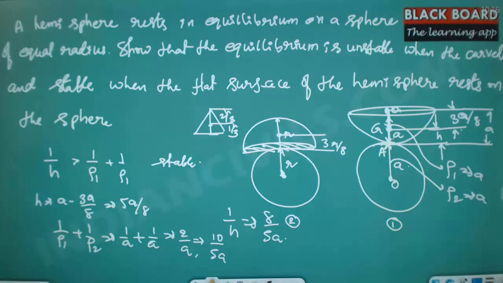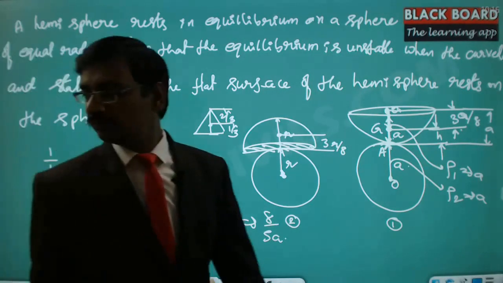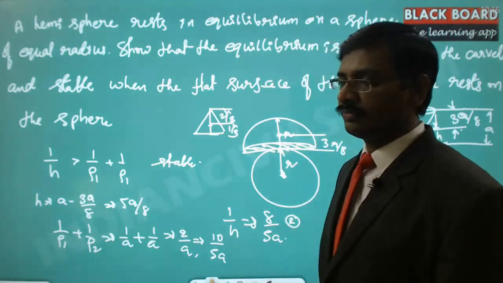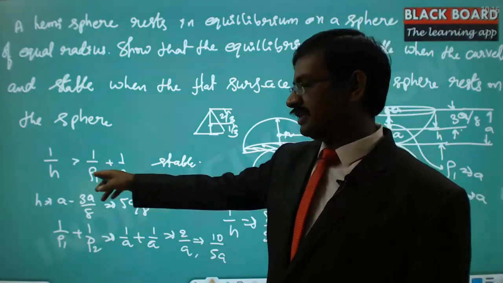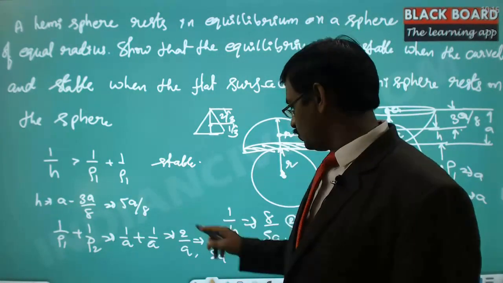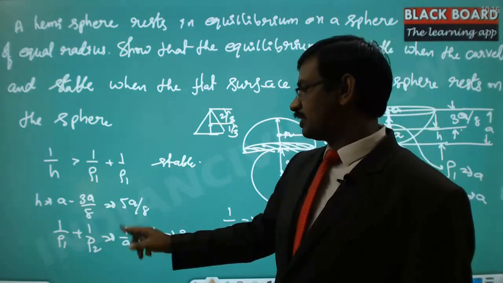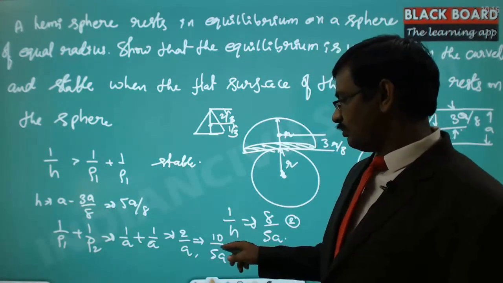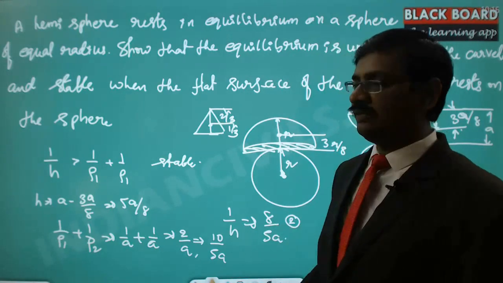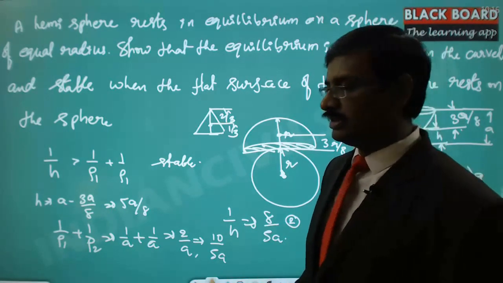So 1 by h is greater than or less than? Is it fitting into this formula? 1 by h value is 8 by 5a and 1 by rho 1 plus 1 by rho 2 is equal to 10 by 5a. 10 by 5a is greater than 8 by 5a. Hence, the equilibrium is unstable.